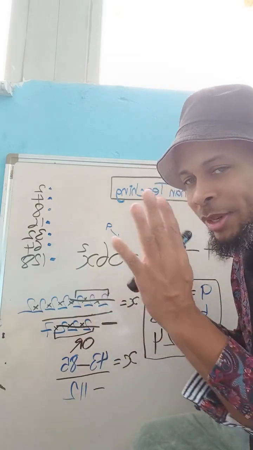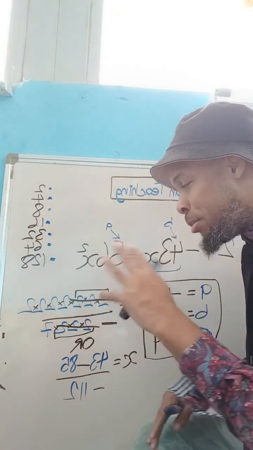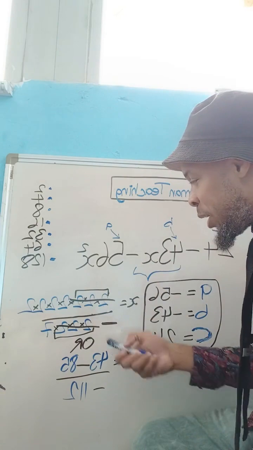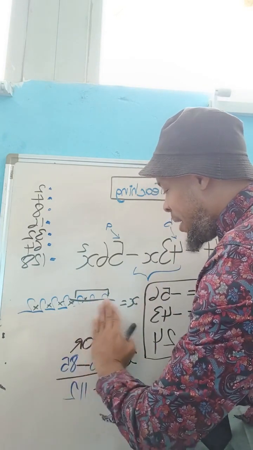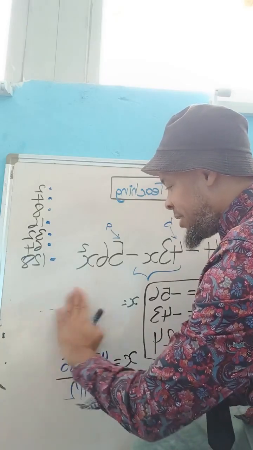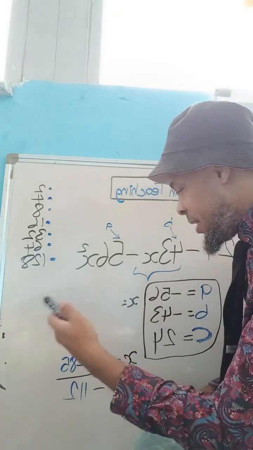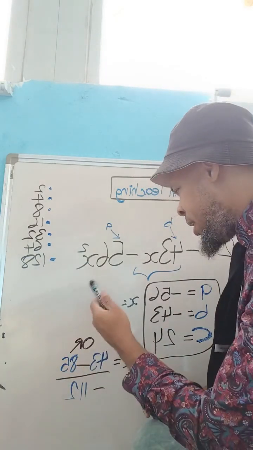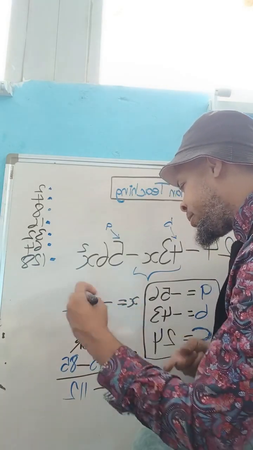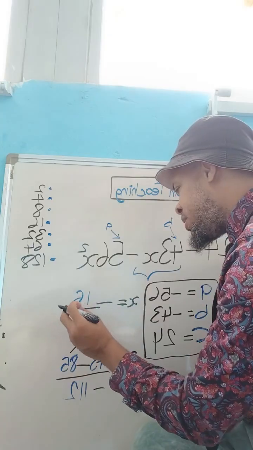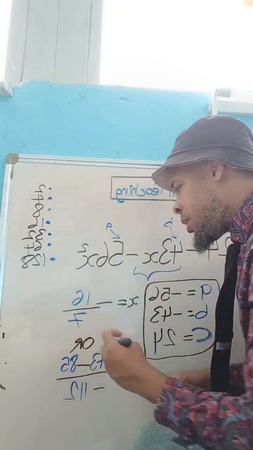I don't want to do it here because my brain is all over the place. So we're going to have a minus 16 over 7 for this.